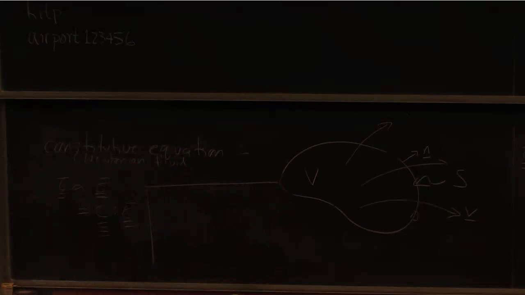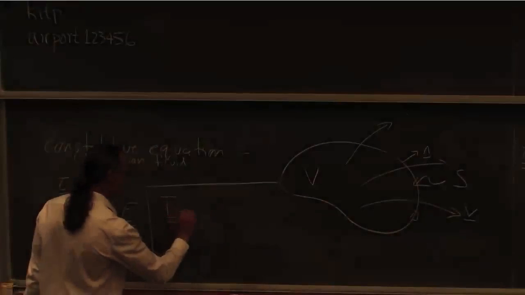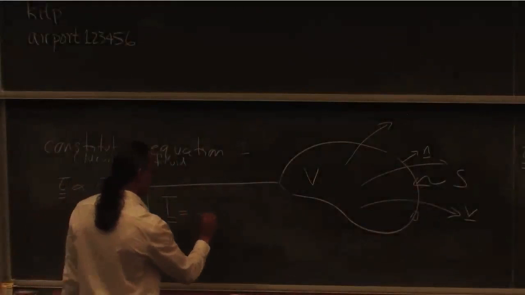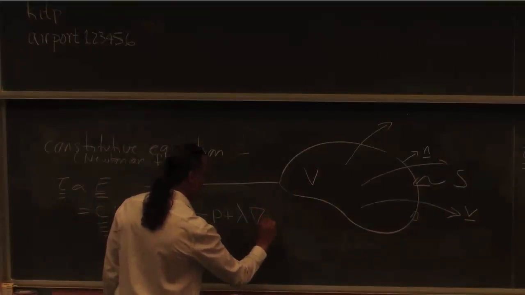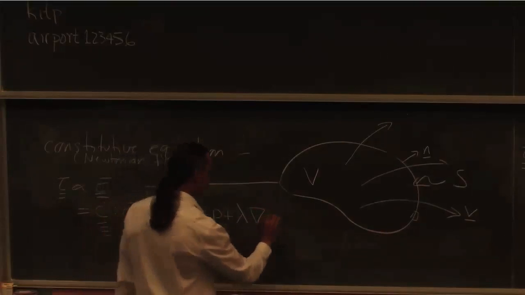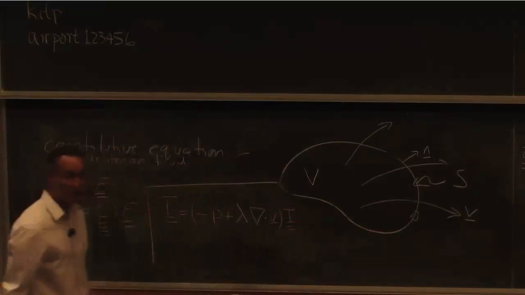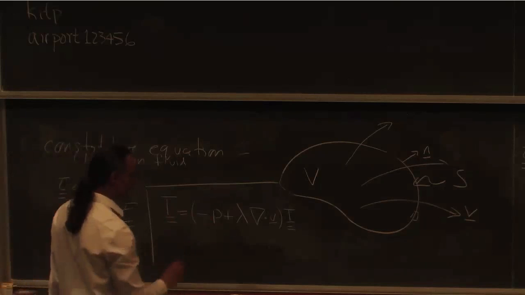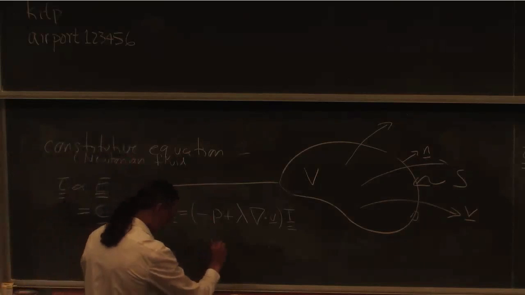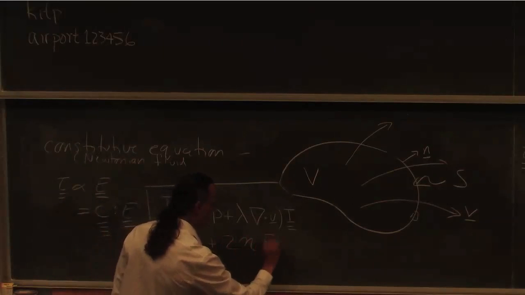Through a variety of arguments that would take at least 45 minutes to go through, you can show that there are only two independent parameters, so that our stress T is equal to minus P plus a quantity that I called in my notes lambda, divergence of velocity. So again, this is the isotropic part that describes the average stress, plus 2 times eta times the rate of strain tensor.